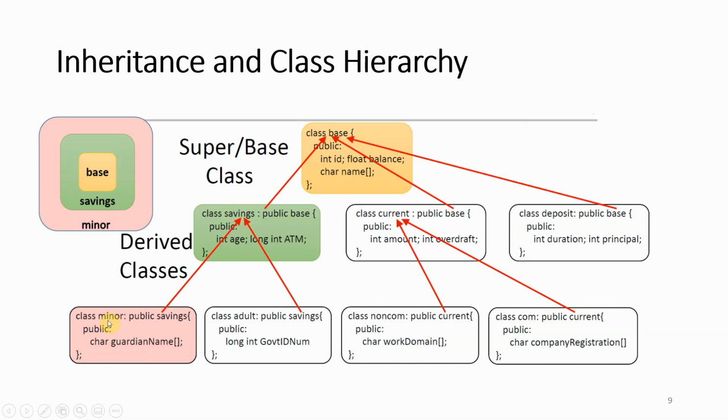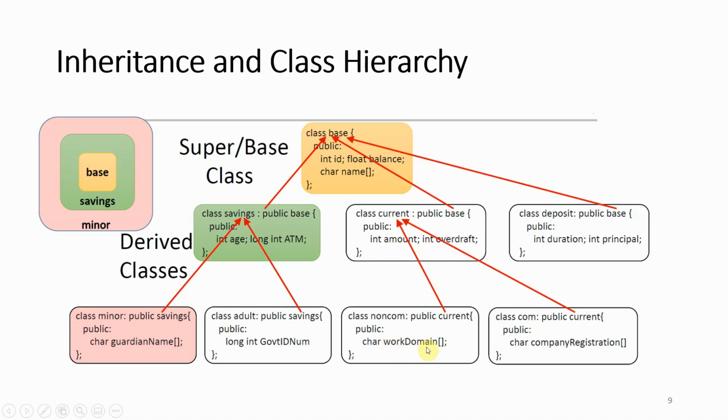So this one, class minor, would have ID, balance, name, age, and ATM. In addition to that, it would also have guardian name. This one, the class non-commercial, would have ID, balance, name, amount, overdraft. In addition to that, it would have work domain.